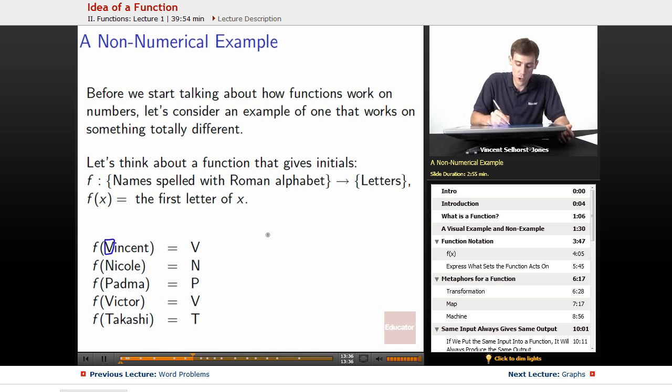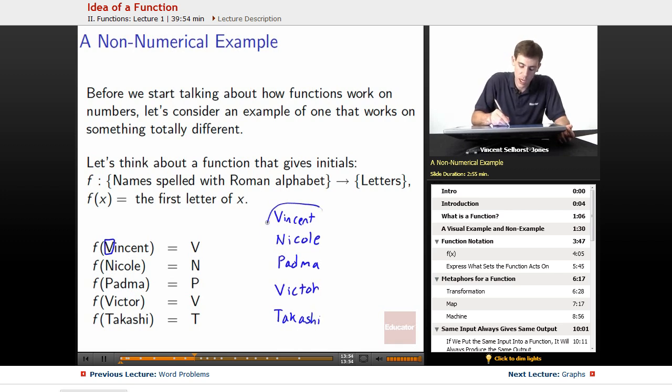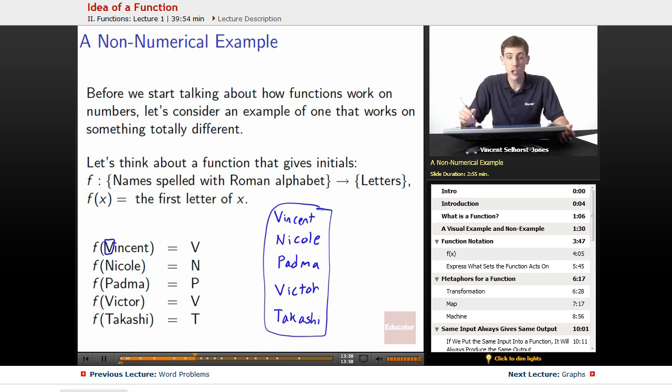So if we were to turn this into a diagram, we could have Vincent here, Nicole next to Vincent, Padma, Victor, and then finally Takashi. And so this is where we're coming from. And then we're going to letters, right?